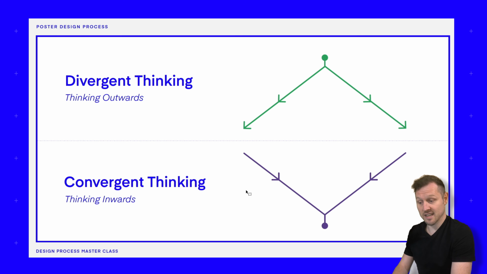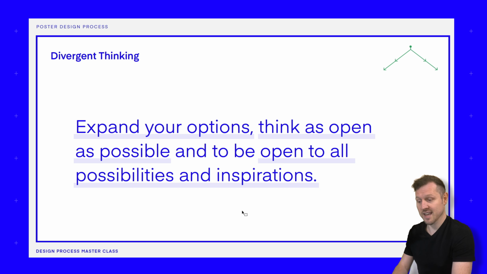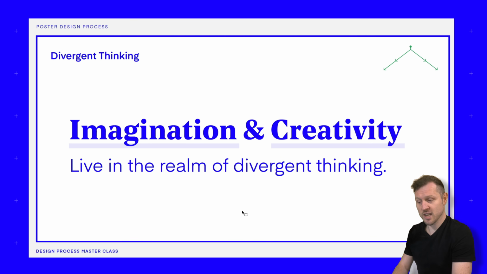Knowing and understanding it will be very helpful when tackling complex design problems. The term thinking outside the box is basically another term for thinking divergently. Divergent thinking is to expand your options, think as open as possible, and to be open to all possibilities and inspirations. Imagination and creativity live in the realm of divergent thinking.